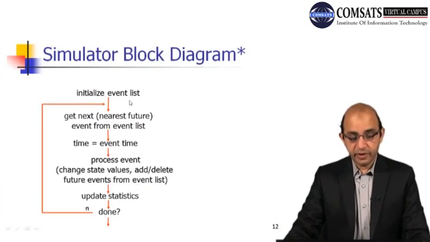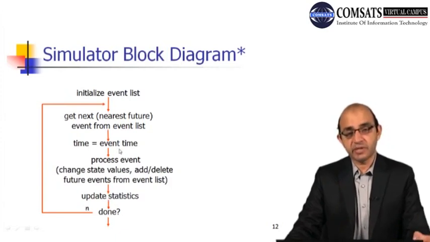Okay, so here we have the block diagram of the simulator: initialize the event list, then get the next nearest future event from the event list, and here is the event timer.